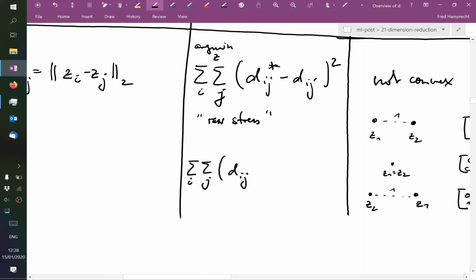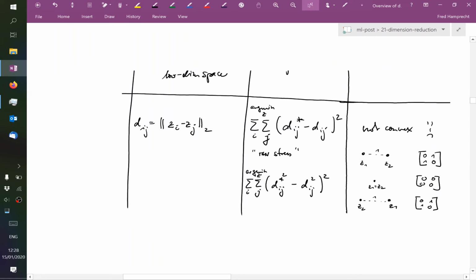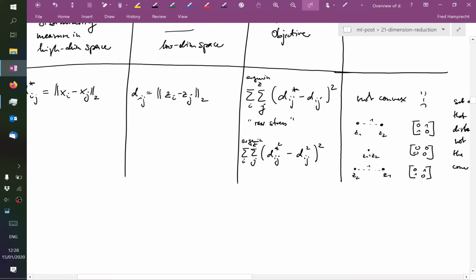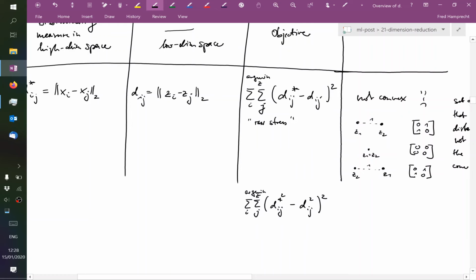So if we take dij star squared minus dij squared, and again we minimize over z, this problem is easier, but still non-convex.